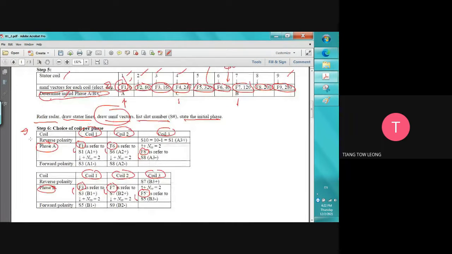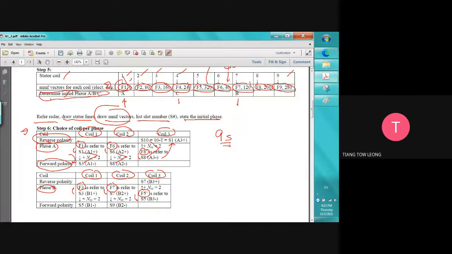Okay. And then what we need to do is we need to add up. So 1 plus 2 become 3. 6 plus 2 become 8. When it's plus like this, we call forward polarity. When we plus like that, we call reverse polarity. That's why we reverse the MMF. So 8 plus 2 become 10, but we only have a 9 slot.